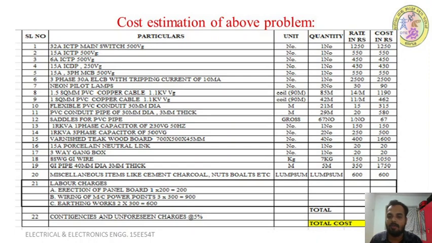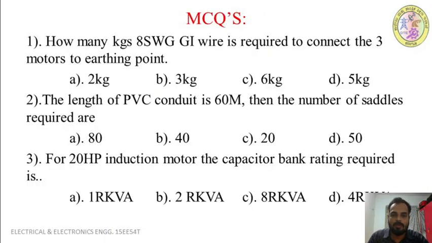Okay, so this is how to calculate the cost for the above problem. If any problem is given, in the same way you have to do the calculations, in the same flow. First, we made the assumption. Next, we wrote the layout diagram. Next, we calculated the materials required for the main board, and next the materials required for each starter board.